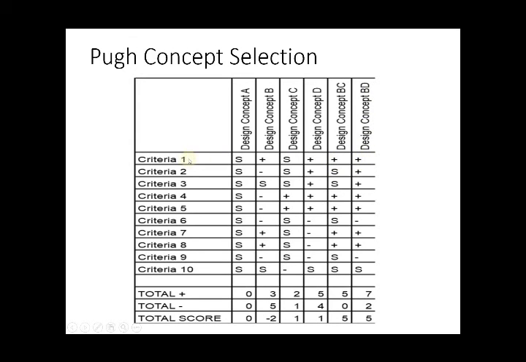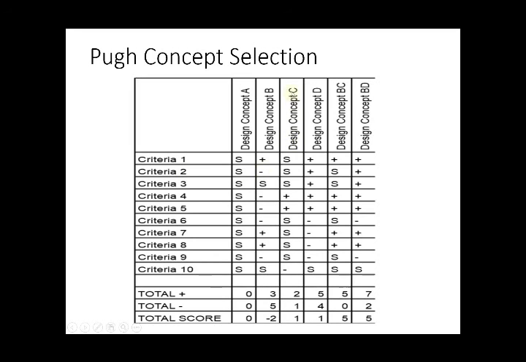So for the first criteria, all the other concepts except concept C, that is B, D, BC and BD, are showing more improvement than design concept A. Now coming to the second criteria, similarly design concept B, when you compare with A, it is inferior, it is lower for criteria 2, so we put a minus sign.